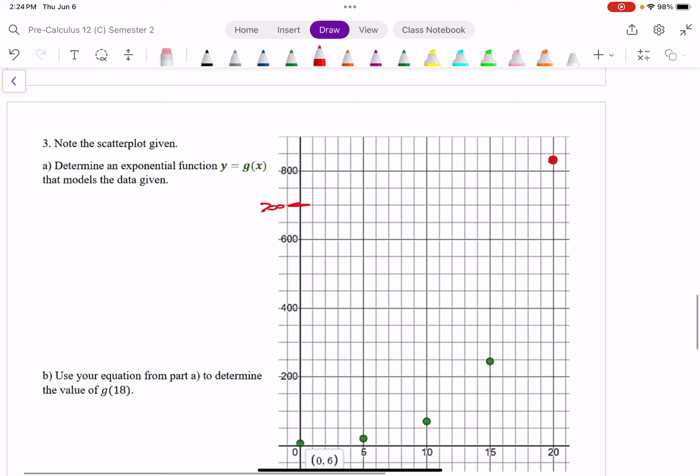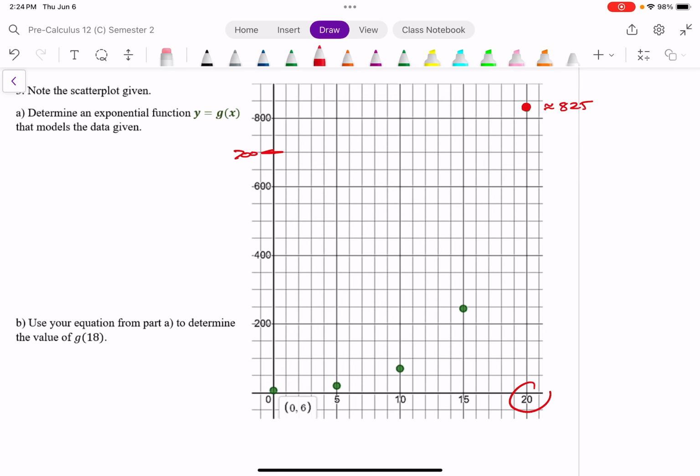It's a little more, but it looks like this is at approximately 825 when x is 20, which means I know from here to here, it goes up by some amount. I'm going to calculate. We multiply by some amount in 20 units, 20 days, 20 hours, 20 years, whatever.